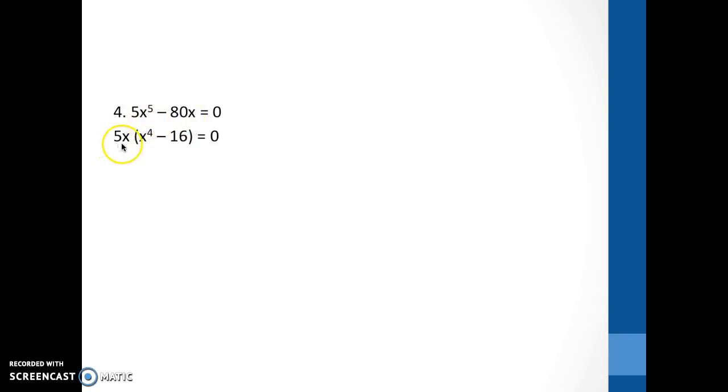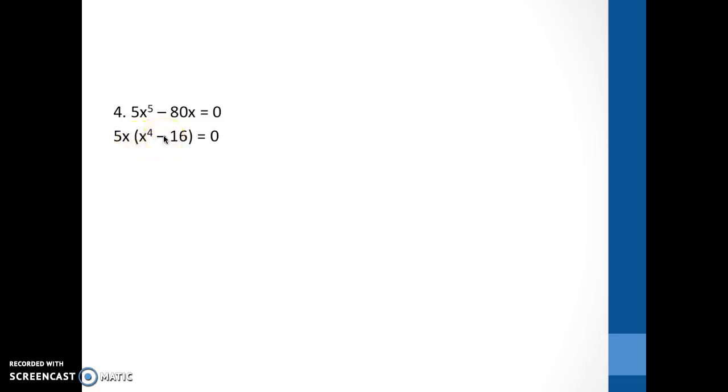So we factor out 5x. Take 5x to the 5th power divided by 5x. Well, 5 divided by 5 is 1. x to the 5th divided by x, well, the x cancels out, so we're left with x to the 4th. And then we have negative 80 divided by 5, well, that's negative 16, and these x's cancel out. So we're left with 5x times x to the 4th minus 16.